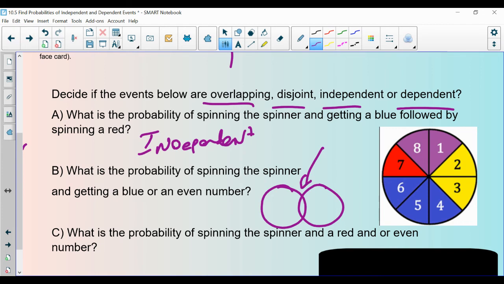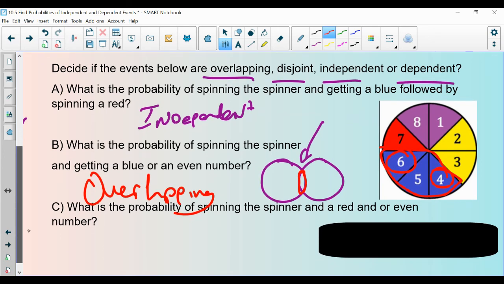If there is something in that middle region, that would be overlapping. And if there wouldn't be something in that middle region, it would be disjoint. So if we're talking about spinning a blue, these ones right here, right? Or an even number, if we were to list these, there would be some that meet both. This 6 and this 4 are both a blue and an even number. So this would be overlapping.